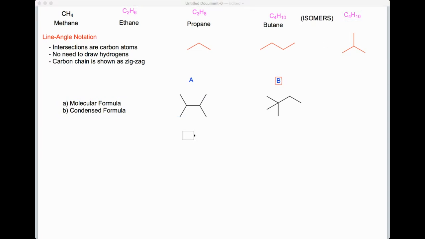Type it on the chat. So remember molecular formula, Alexis, that's not the condensed formula.